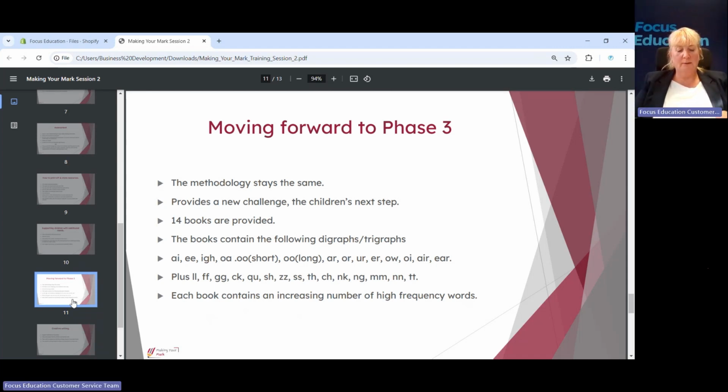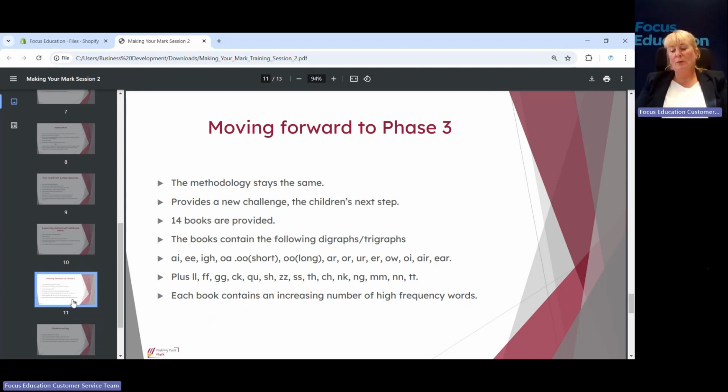So, trigraph, fingers to work. And it keeps going and going until we get to the end, and then there are the words on the back.